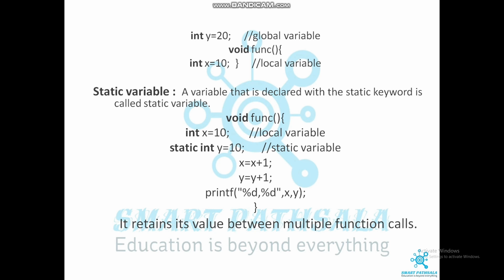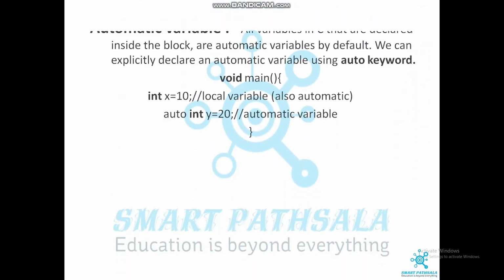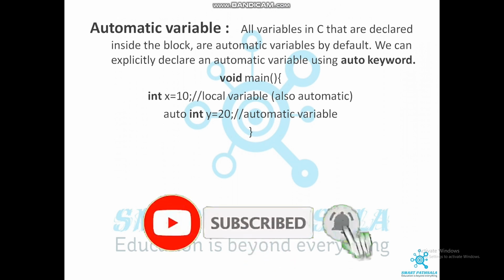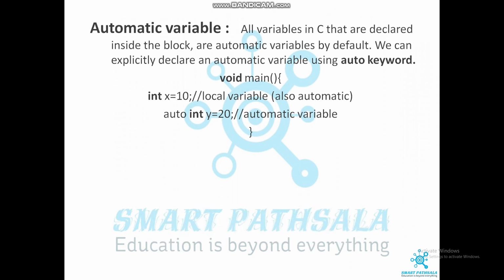Next comes the automatic variable. All variables in C that are declared inside a block are automatic variables by default. We can explicitly declare an automatic variable using the auto keyword. Now all the variables we declare inside a function can be defined as automatic variables.